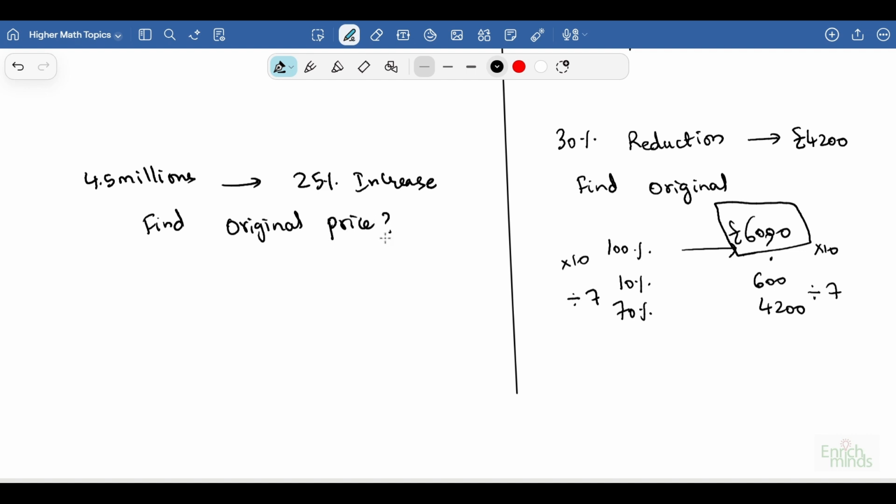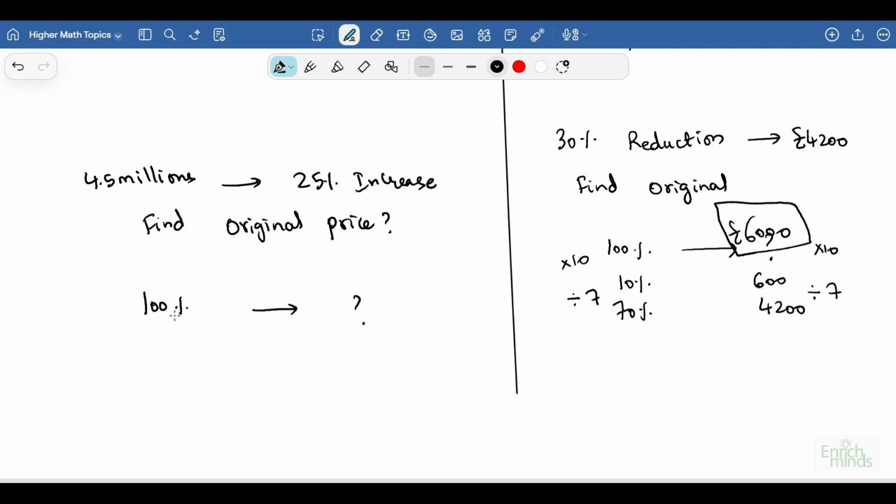Here again we are dealing with a reverse percentage question. So we have to figure out the 100% value of that price. That's unknown to us. What is given is that 4.5 million represents a 25% increase.